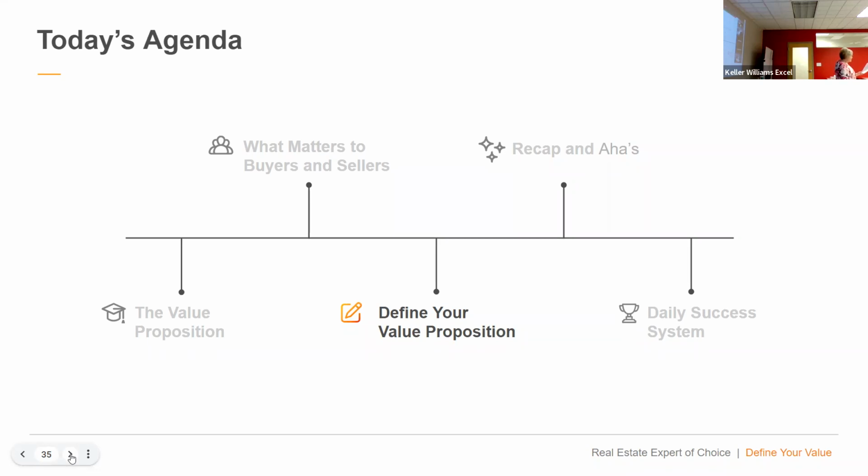All right, so again, your team, go find out what their value proposition is, and then have your own value proposition within your team, because especially if you have a team with several buyer's agents, some people are gonna connect with a different person better than one person.